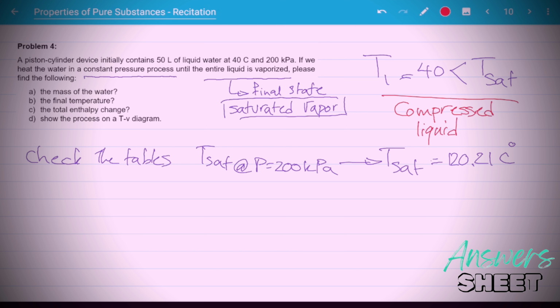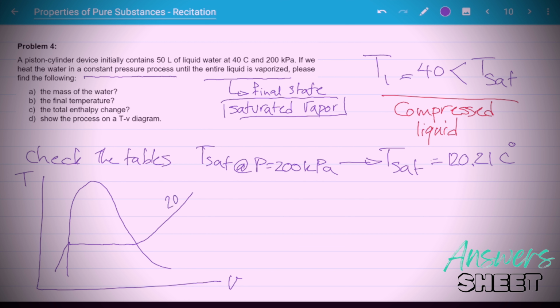Now, if you're confused on how I figured this out, I'm going to show it on a TV diagram in a second. So if this is our TV diagram, this is T and this is volume, and this is our famous dome, then I need to find the constant pressure lines, which is this. In the case of our problem, this constant pressure line is 200 kilopascals.